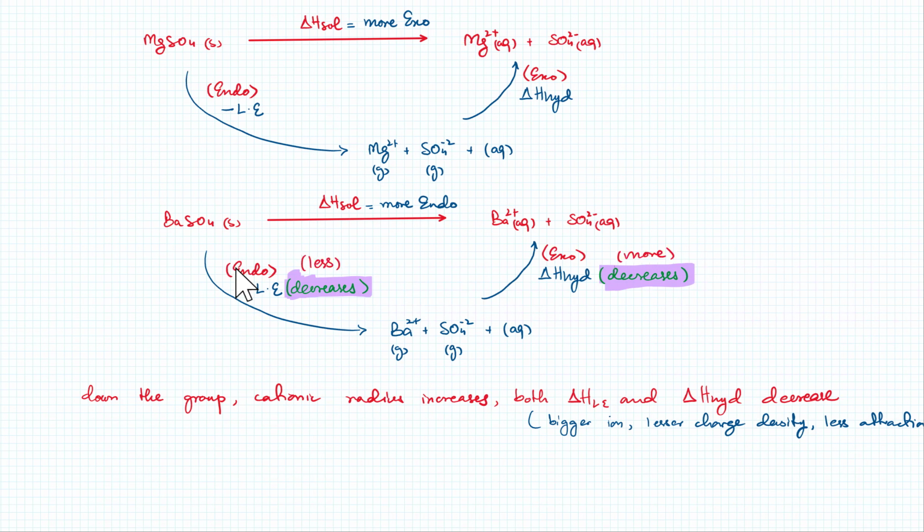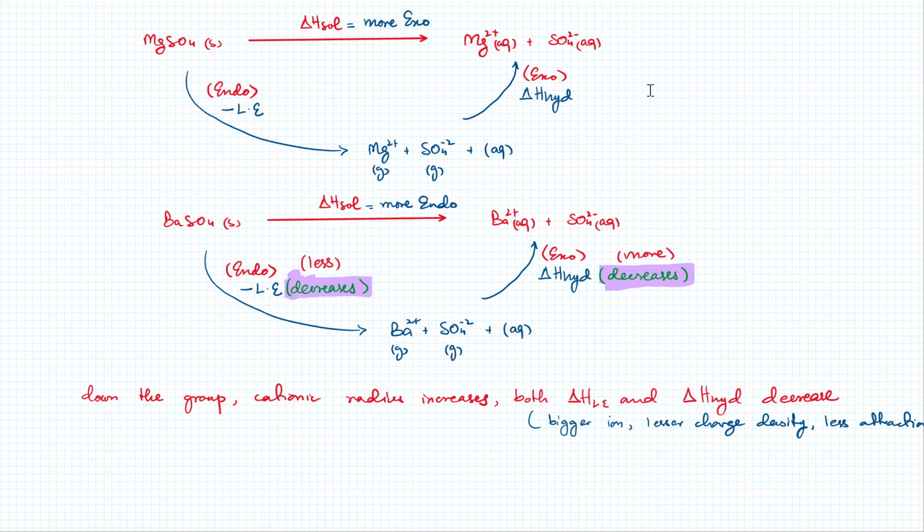Your endothermic part is still bigger in size. It's harder to break the lattice, while your exothermic part decreases more, which is why overall it's becoming more endothermic. Is that clear? Do you get this idea? Yes, sir. Is this clear to everyone? Jodi, is this clear?